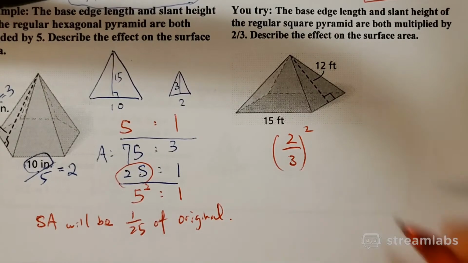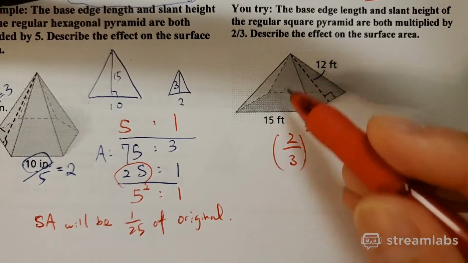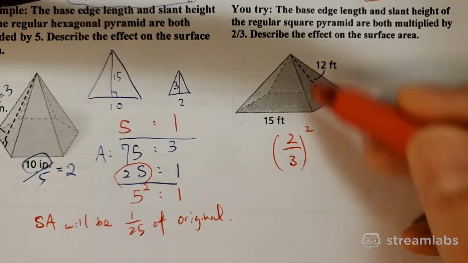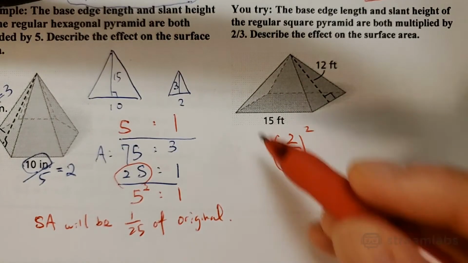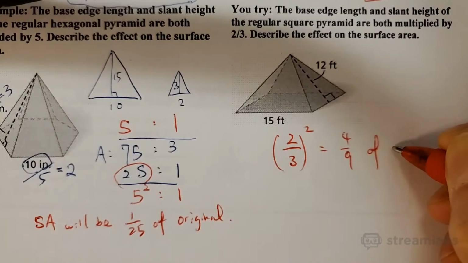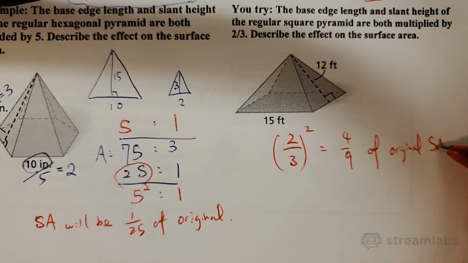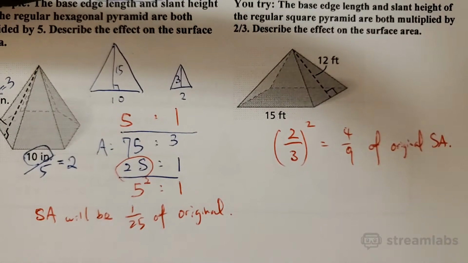Because it's the area, two-dimensional, right? Two-dimensional is squared, because you have length times length, and length is 2/3, height is 2/3, so together it's 2/3 squared. So that's 4/9 of original surface area. Okay. If they ask you volume, then it'll be cubed. 8/27. Okay.